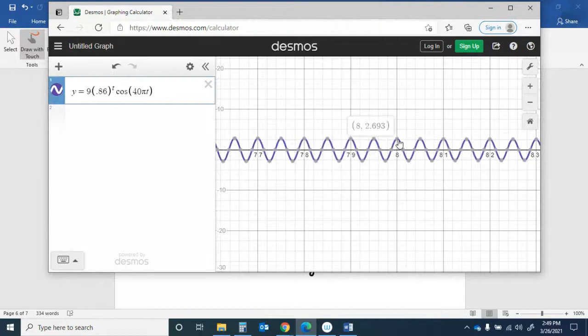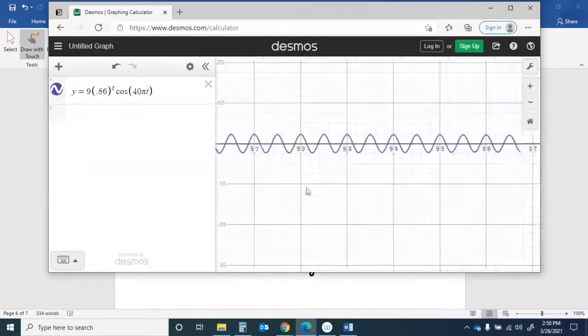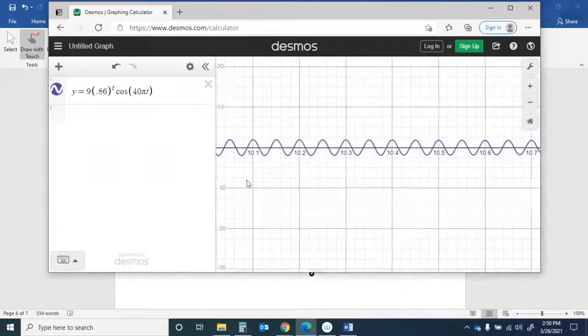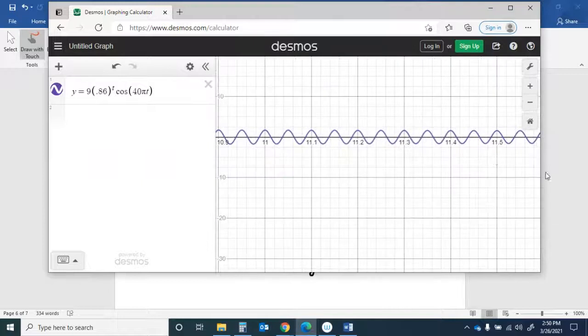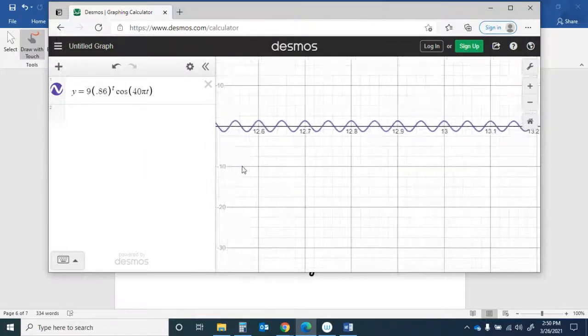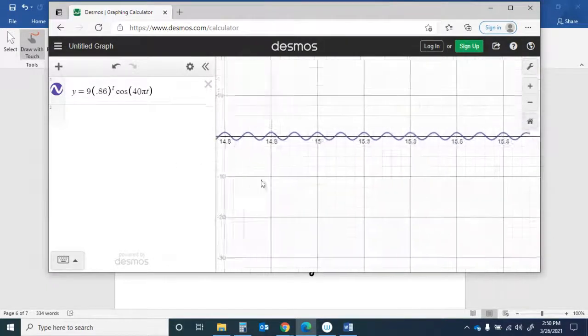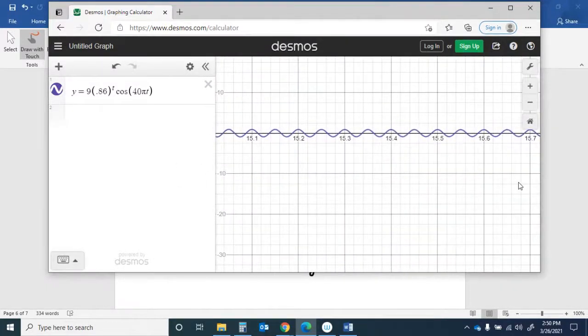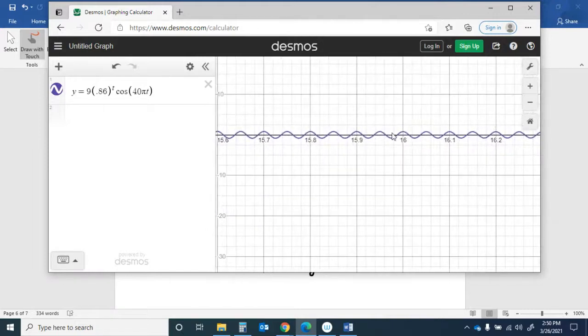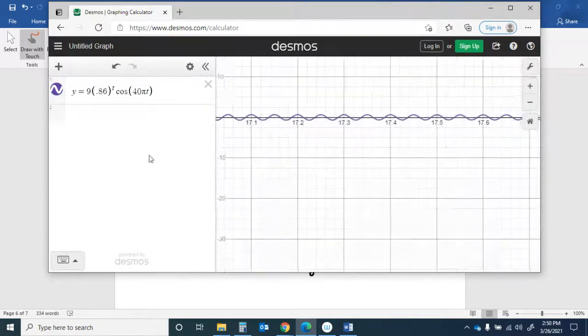Here we are 8 seconds into it. It's already down to 2.693. So it keeps losing energy. So by 16 seconds, it's not even getting 1 centimeter. And it's getting close to being at rest.